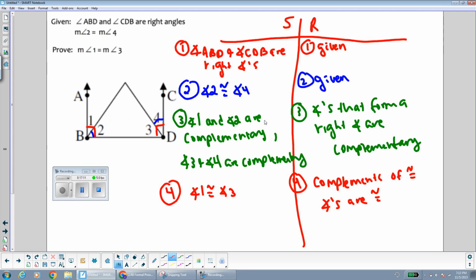All that means is since angle 1 and angle 2 are complementary and angle 3 and angle 4 are complementary to each other, and since angle 2 and angle 4 were congruent, since angle 1 and angle 3 were both complementary to these congruent angles, they have no choice but to be congruent to each other. Complements of congruent angles have to be congruent. And that's it for this proof.